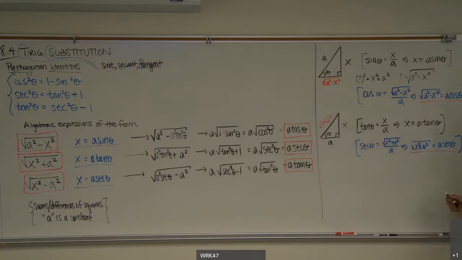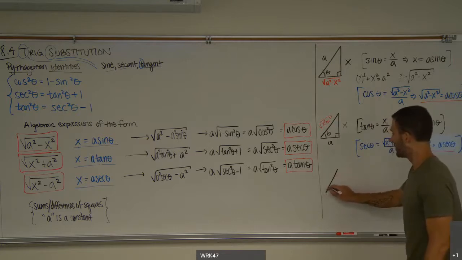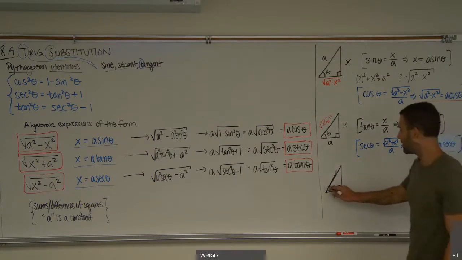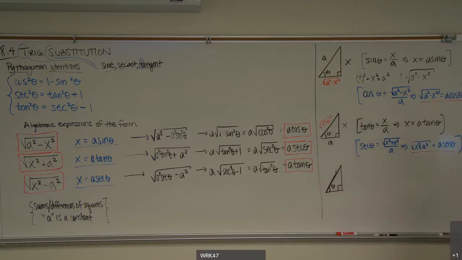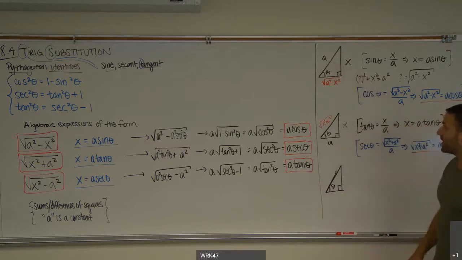And so again, just to do the last one, just to show you geometrically, so you know that all of them are related in terms of a triangle. Say we have a right triangle again and an angle here. And say we have now not the opposite hypotenuse or the opposite adjacent, but maybe we have the hypotenuse and adjacent.